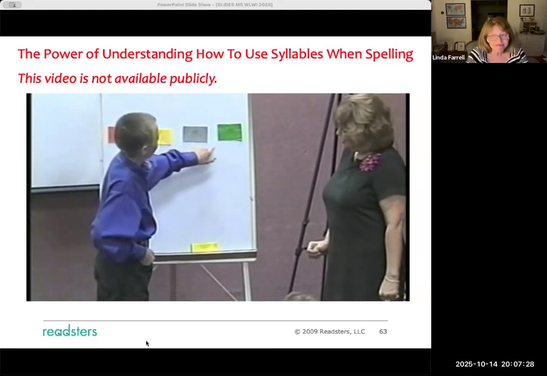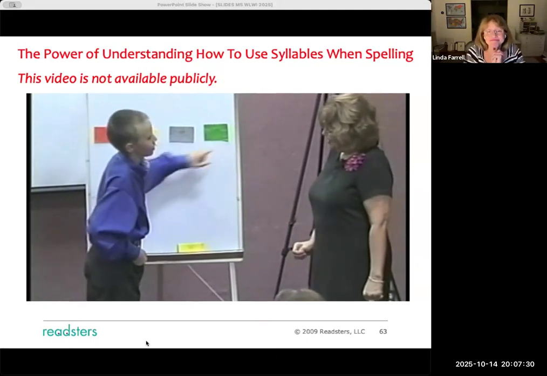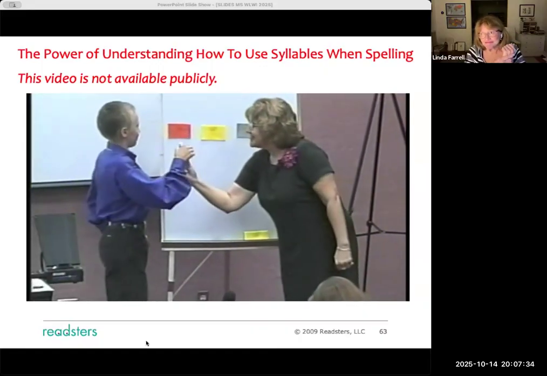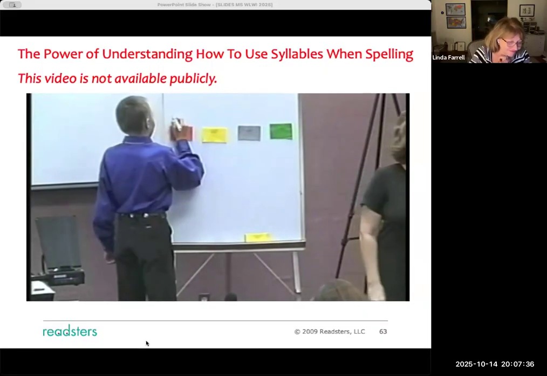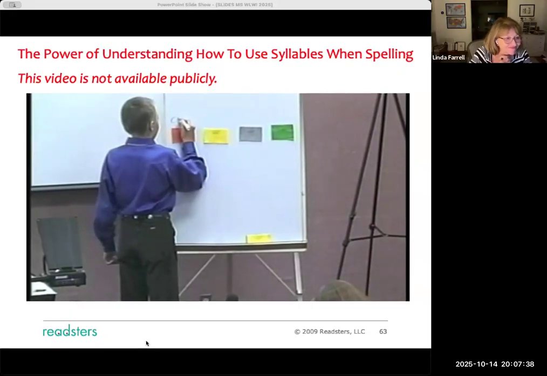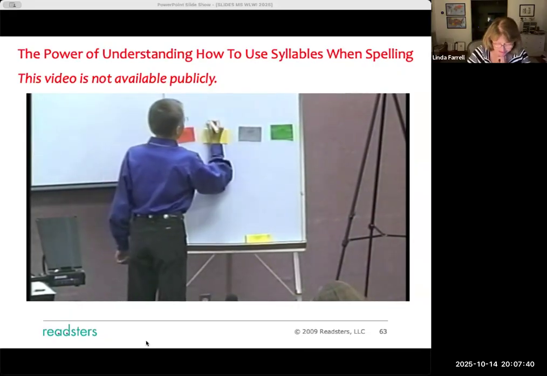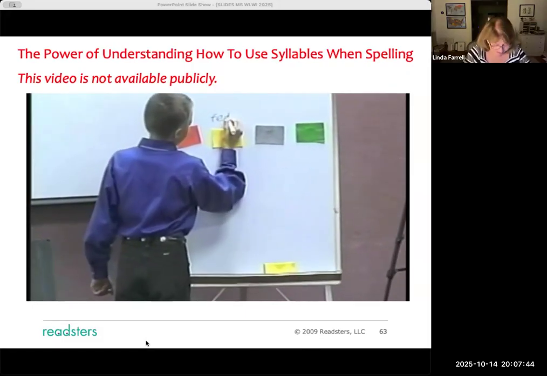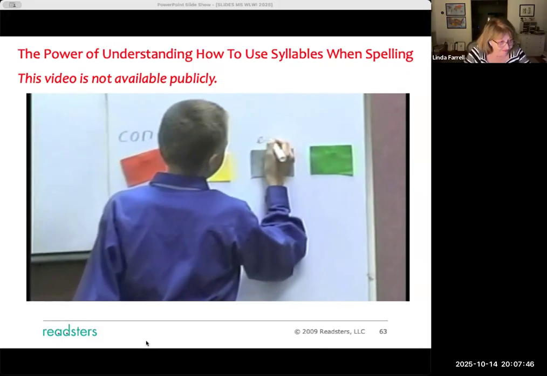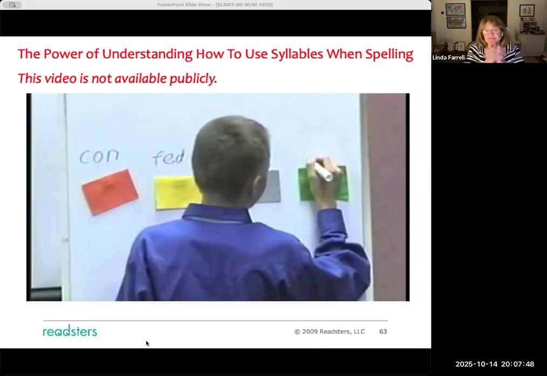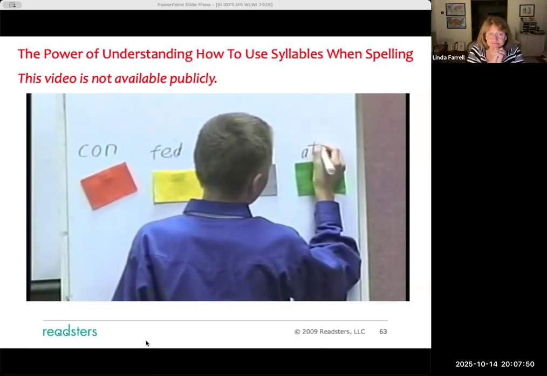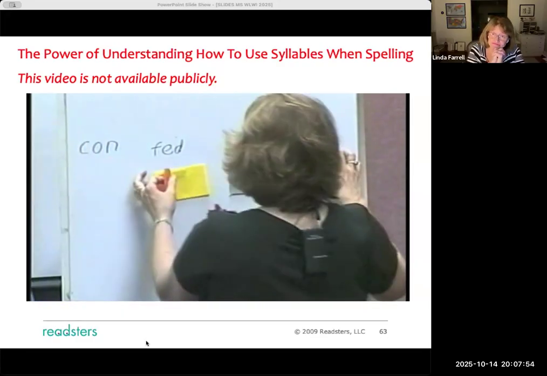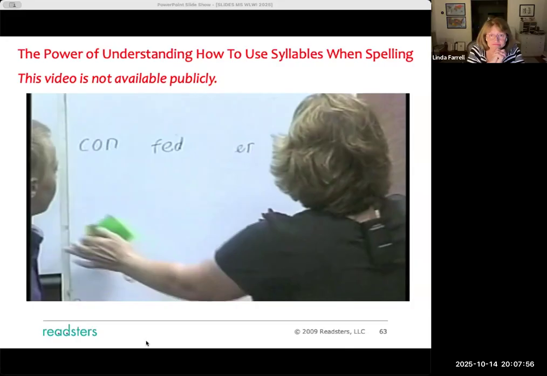Confederate. Now write it. Good job. Now I'm going to take the felts down, and can you write it all as one word?